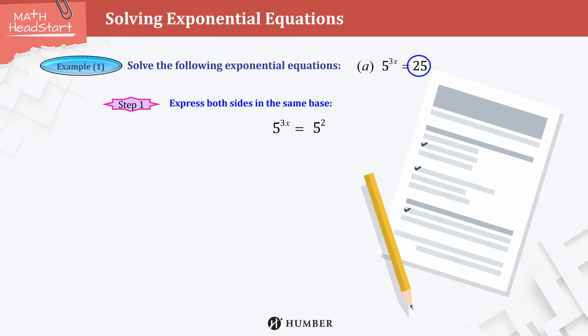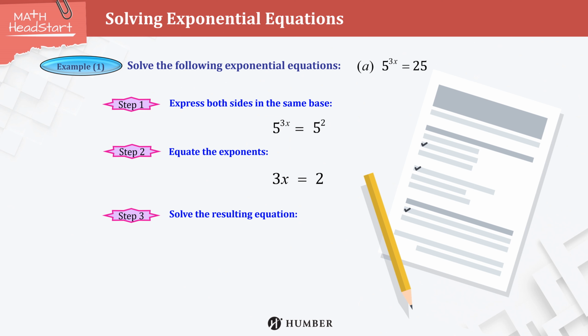Now that we have the same base 5 on both sides, we can make each exponent equal each other, which becomes 3x equals 2. Finally, we solve for x. Divide both sides by 3 to get x equals 2/3.